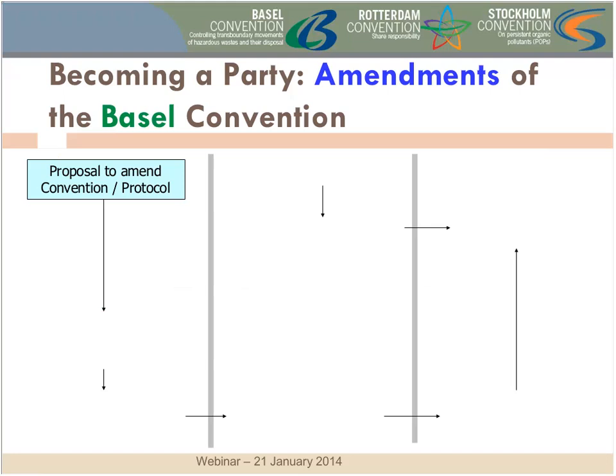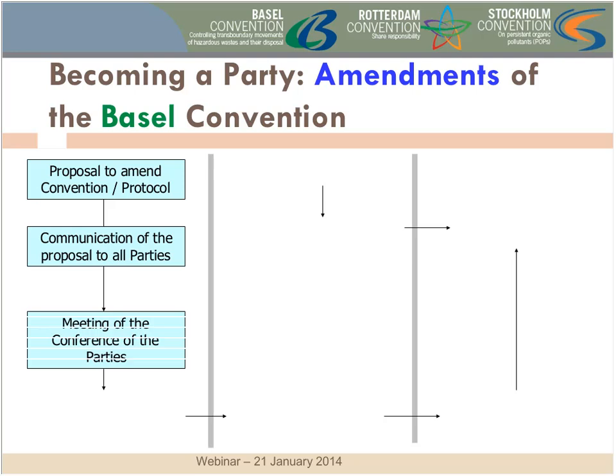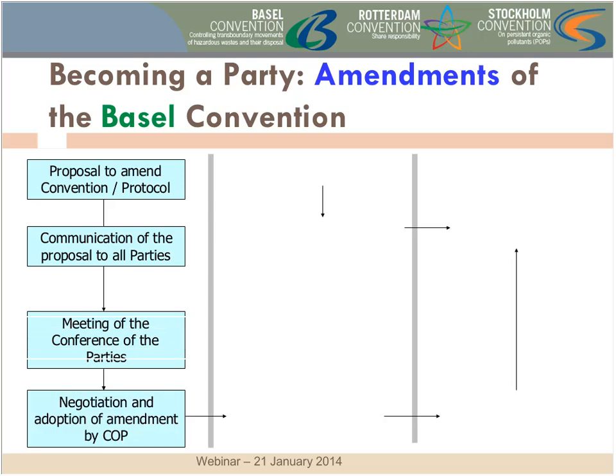So a flowchart demonstration of just how that would work for you. There's a communication, and this diagram relates specifically to the process of the Basel Convention. The proposal to amend the convention is communicated to all parties through the Secretariat. There's then the meeting of the Conference of the Parties and negotiation, and if there's agreement, adoption of the amendment.